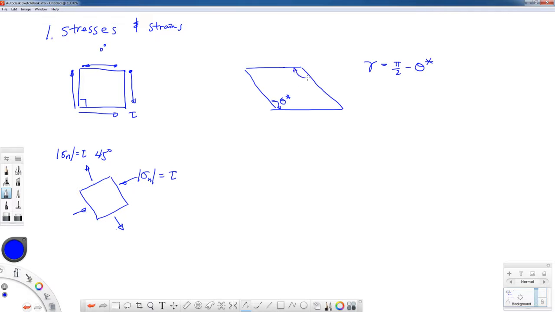At these two angles right here, this new angle theta star is bigger than 90 degrees, so I have negative shearing strains.